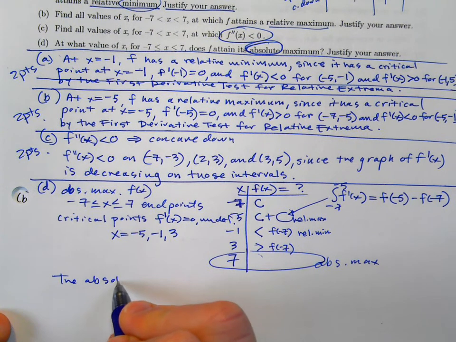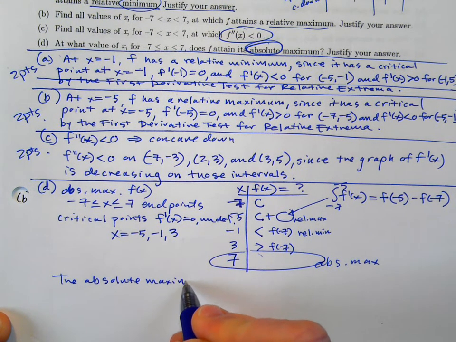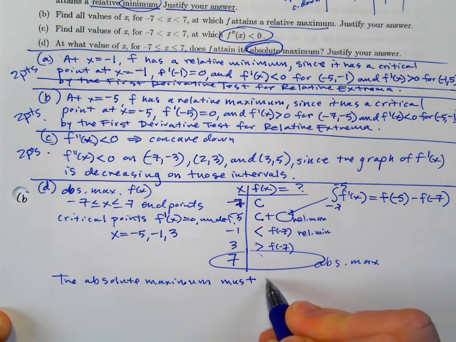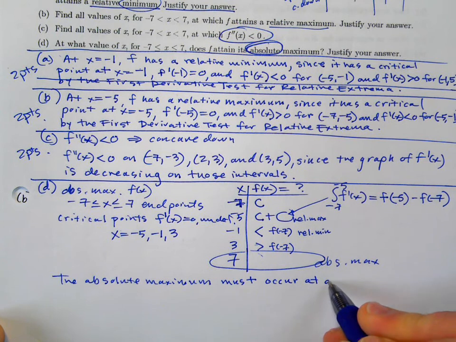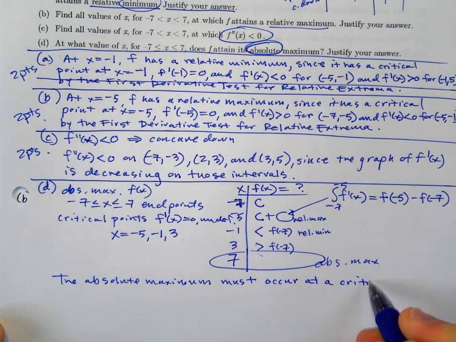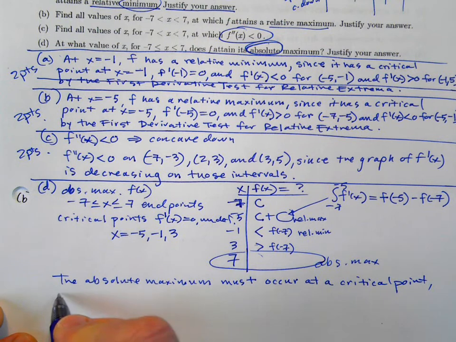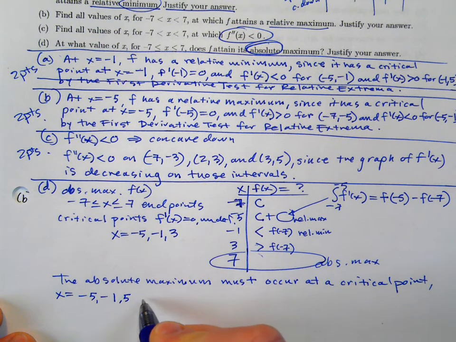The absolute maximum must occur at a critical point, and maybe I'll go and list those. A critical point x equals -5, -1, 5, or an endpoint.